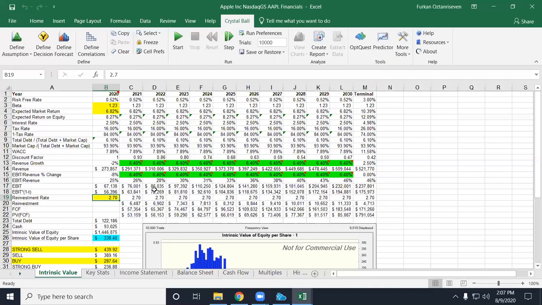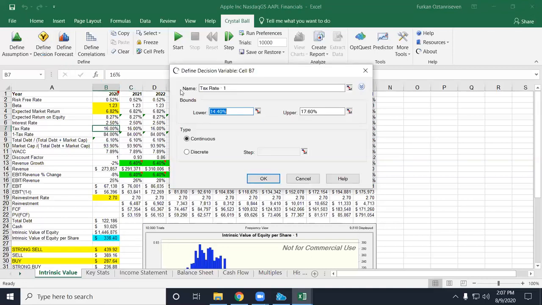Another thing that is hard to predict, I would say, is the tax rate. So we assume that it's going to be 16% based on historical numbers. What if we change this value between 21%, which is the current highest tax rate for corporate earnings, and something reasonable, maybe 10%?